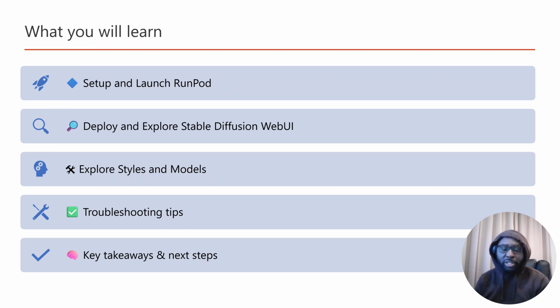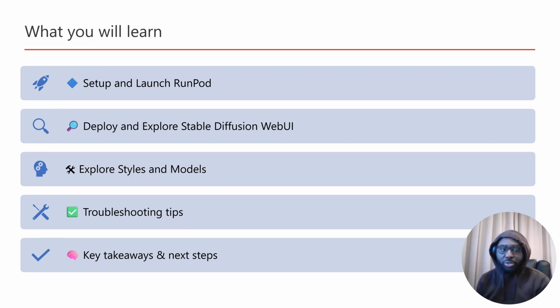The model we'll be using in this video is Stable Diffusion Web UI. I will also take you through how to set up Stable Diffusion Web UI on RunPod, and walk you through the workarounds for some of the issues that you may encounter.